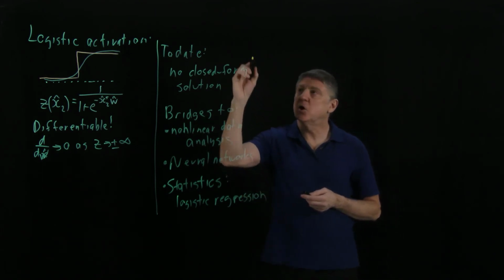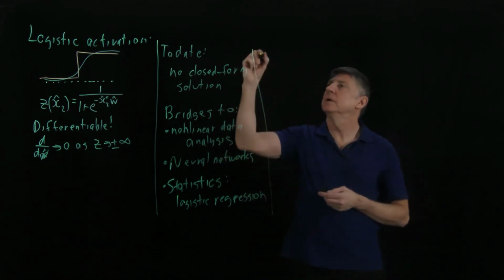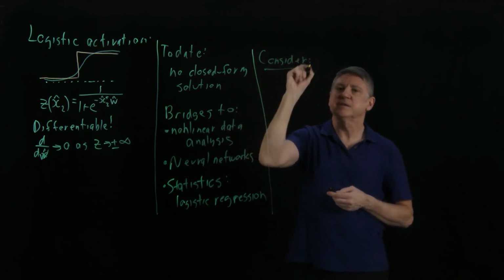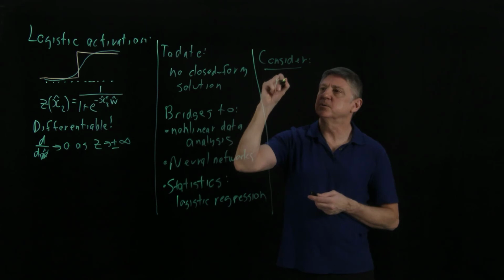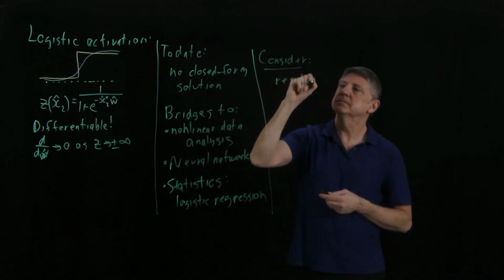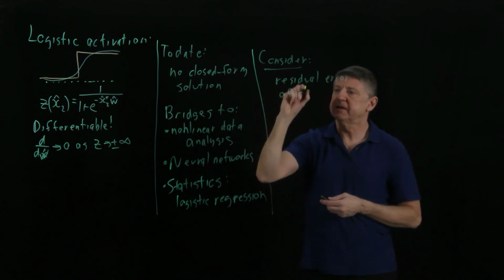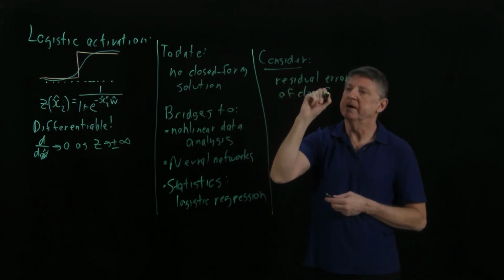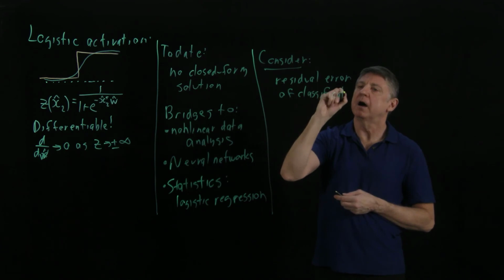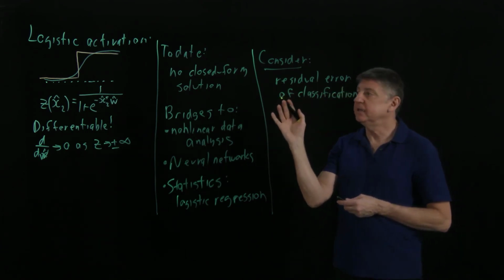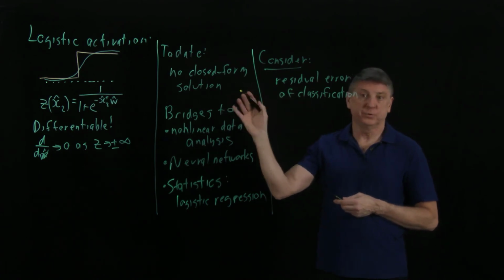So the basic concept, let's consider the residual error, and by that I mean of classification. So when I say the residual error, I mean the difference between the label and the output of the neuron.